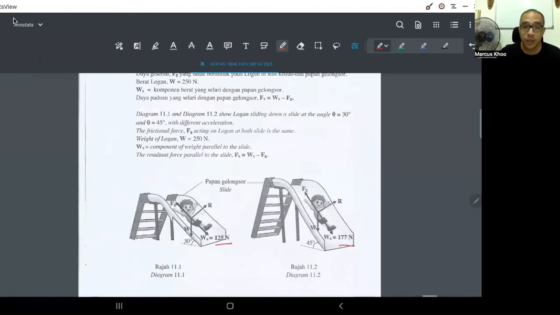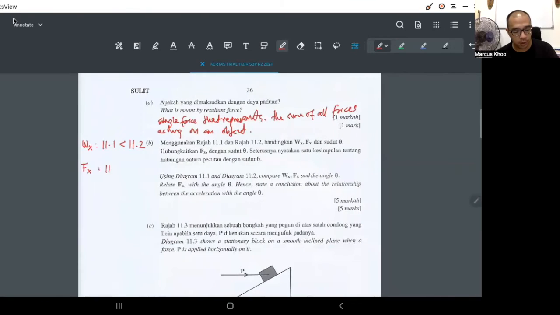If you look at it, Fx is equal to Wx minus the frictional force. The frictional force is both the same. So if the Wx is bigger, then the Fx is also bigger lah. Okay, so you will get the same answer for this one. So for Fx, 11.1 is also less than 11.2.